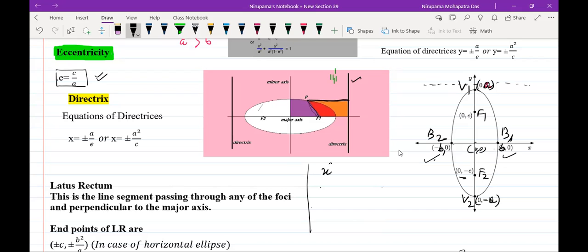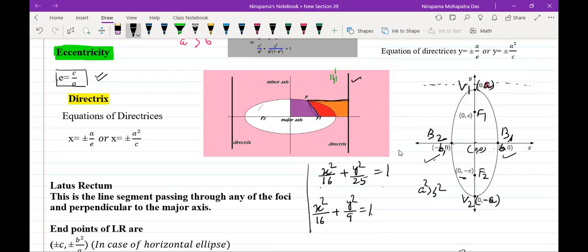Suppose, for example, you are given x square by 16 plus y square by 25 equal to 1. And in another case, you are given x square by 16 plus y square by 9 equal to 1. Here one thing is very clear, as I have just told you, a square is always greater than b square.